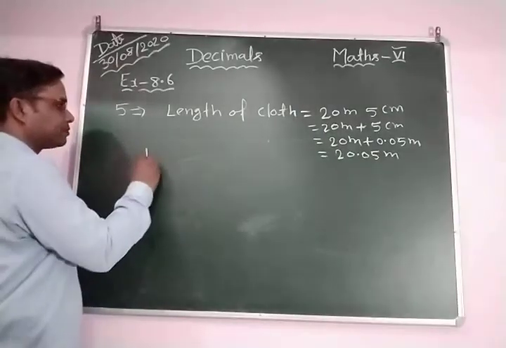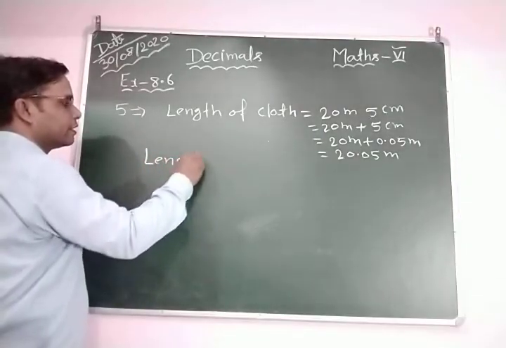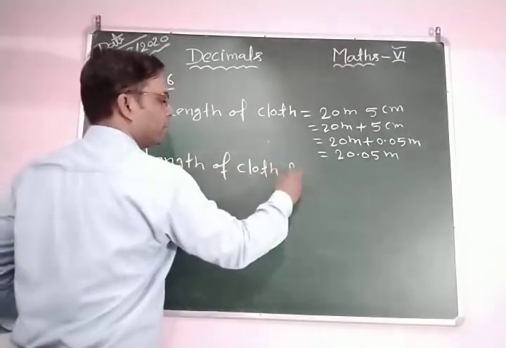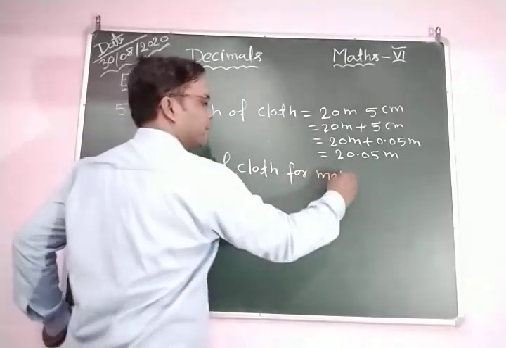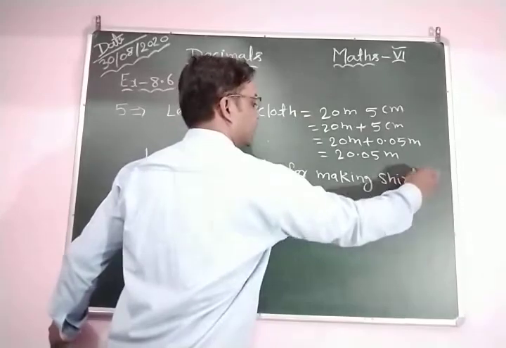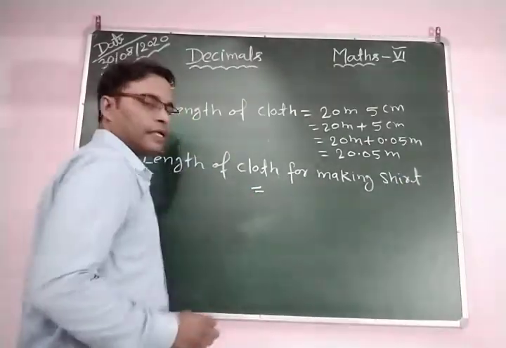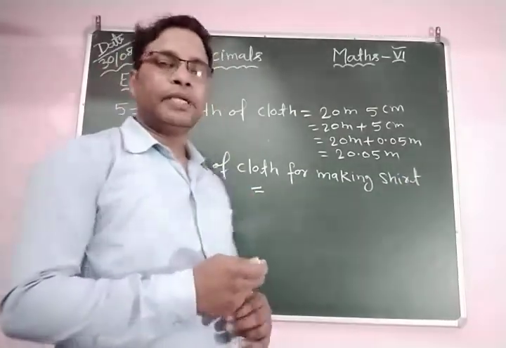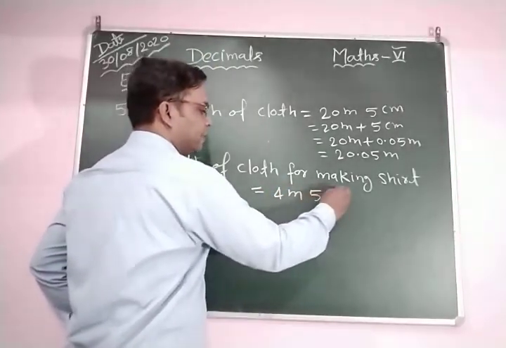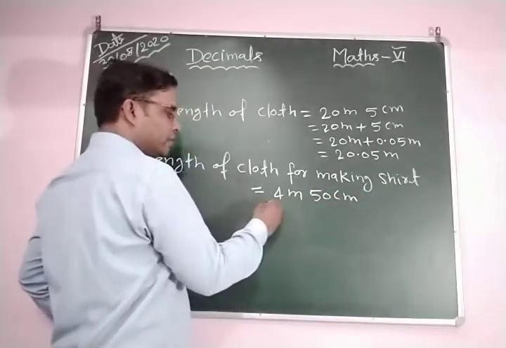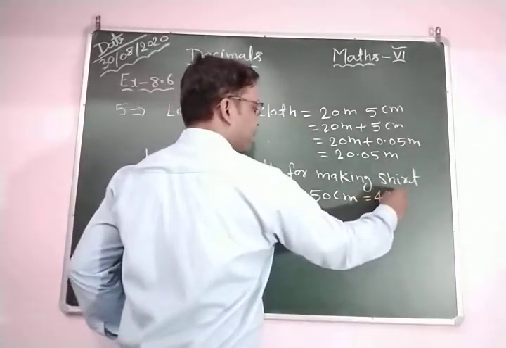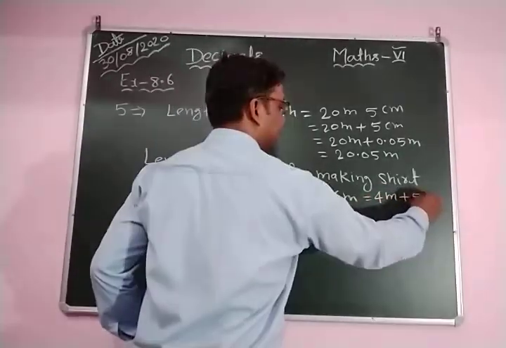This is given: 4 meters 50 centimeters. Also you can write 4 meters 50 centimeters is equal to 4 meters plus 50 centimeters.